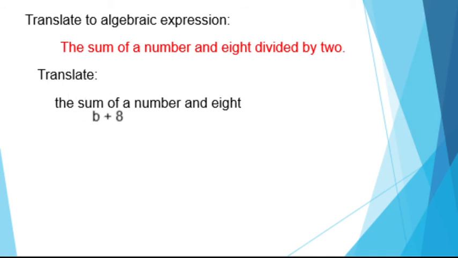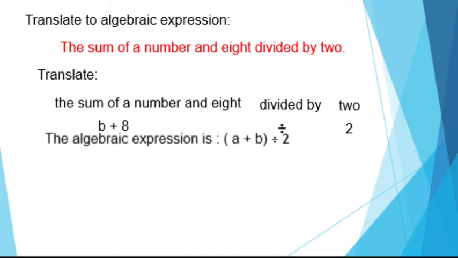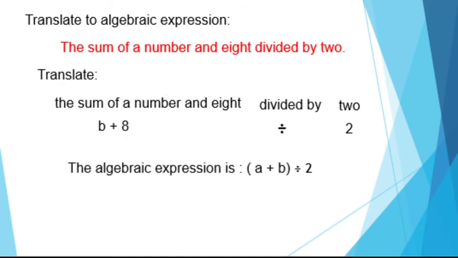So, that is b plus 8 divided using the division sign. And then, of course, you have the 2. So, that is b plus 8 divided by 2. Or a plus b over 2.